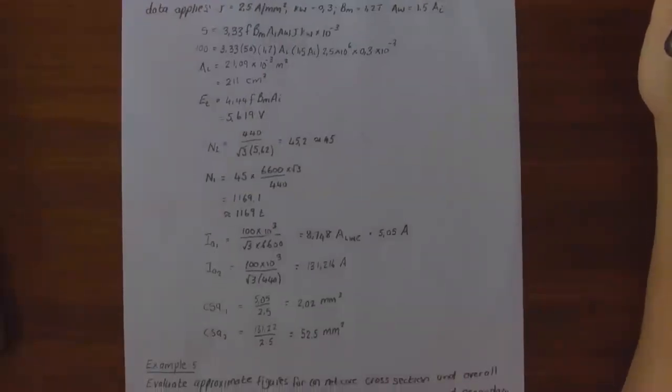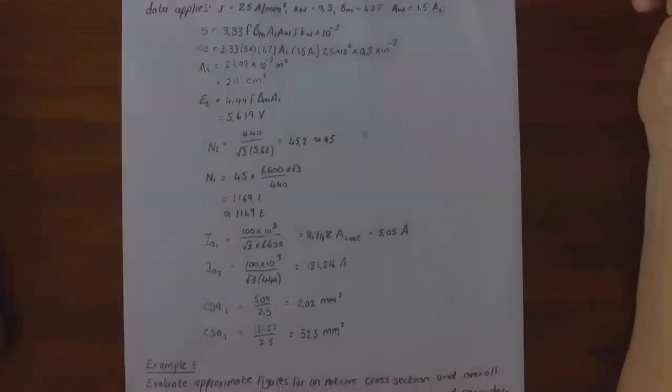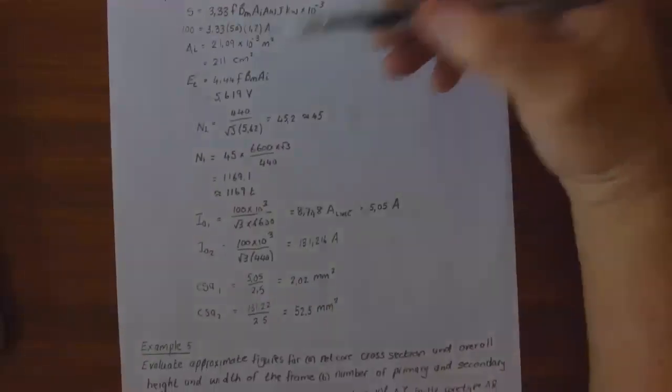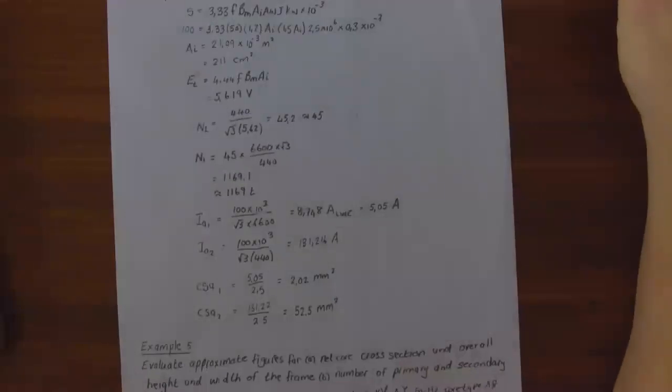And because it is a core type, it's 3.33 B max, area of the iron, area of the window, K_W times J. And if we substitute that, we get the area of the iron is 211 square centimeters.